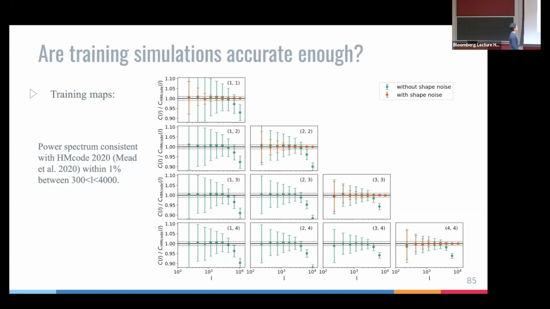And we achieve about 1% accuracy between ell of 300 and 4,000. At even smaller scales, we begin to lose power because we do particle mesh simulations at high ratios, and that loses some power on small scales. But these scales are dominated by shape noise anyway, so they are not really important.